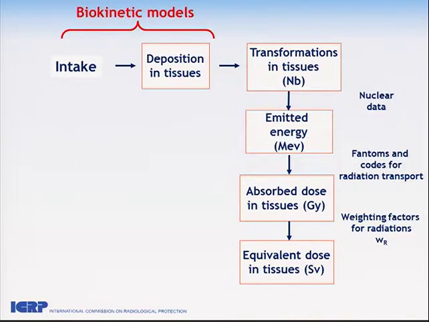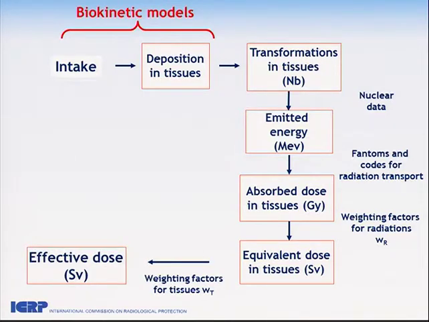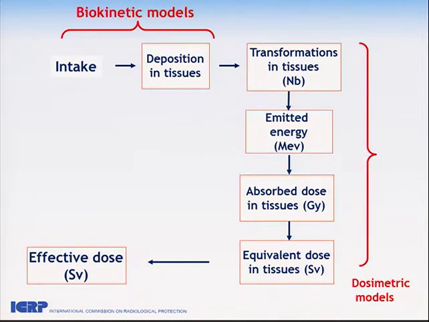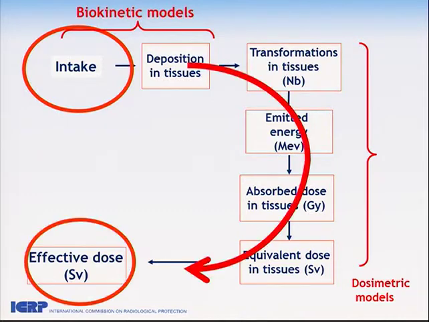Then you use weighting factors for radiation to calculate the equivalent dose in tissue. And then at the end, if you are lucky enough, you can calculate the effective dose by using the weighting factors for tissue. And all this is given by the dosimetric model, which was described before. So if I try to summarize, you need to know the intake, you use the biokinetic model, the dosimetric model, and go directly to the effective dose.